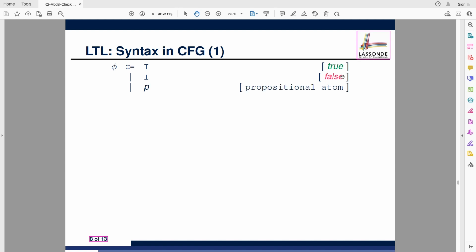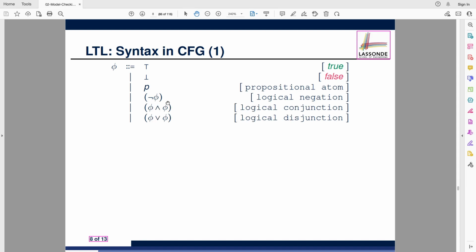Also, it can be a propositional atom, like whether this particular computer is free for use, or the printer is free. A proposition. And we have negation, conjunction, or, implication, and so on. These are still possible to write in a temporal logic formula. We just have additional operators.